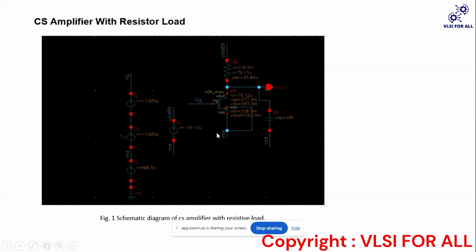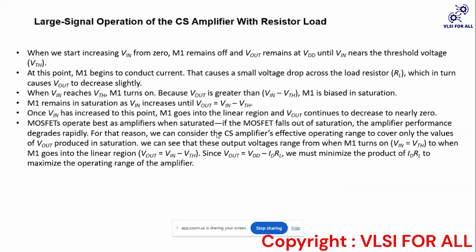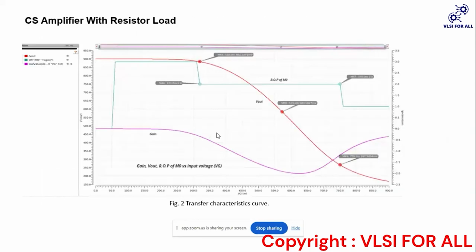So as we can see here, what will be the AC small signal gain, what will be the region of operation, the large signal region of operation, and the input output characteristics of the single stage amplifier.